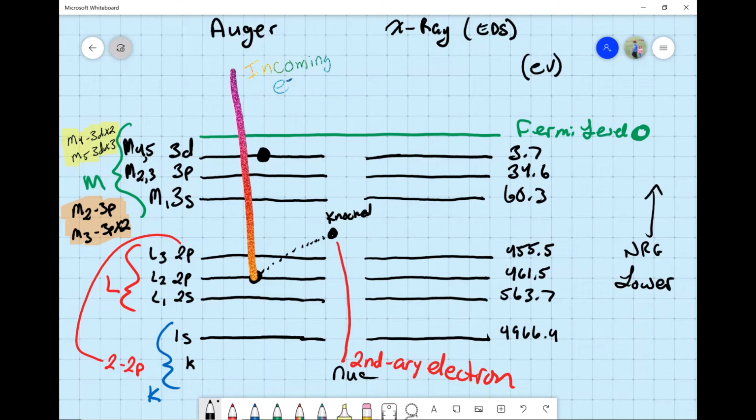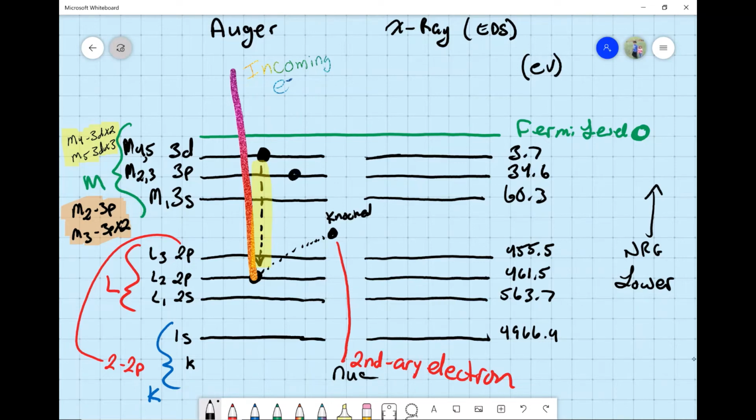This electron now decides to take its place. And maybe I should highlight it a little. Okay, well, there has to be a conservation of energy. This is how I always describe it. You may disagree with the way I describe it. This electron in this level can come from any other level.